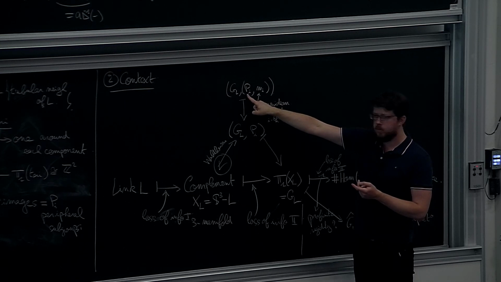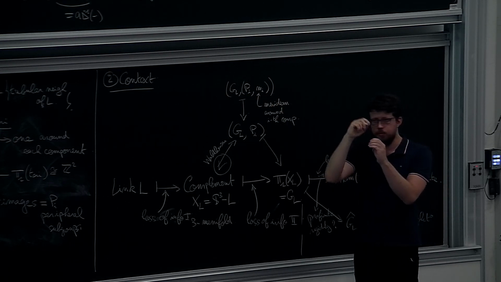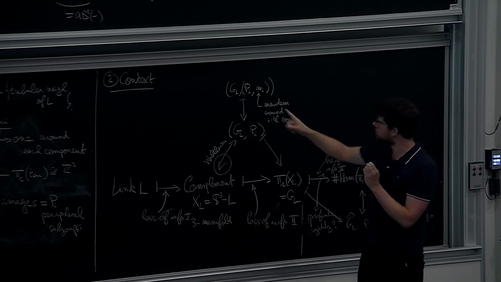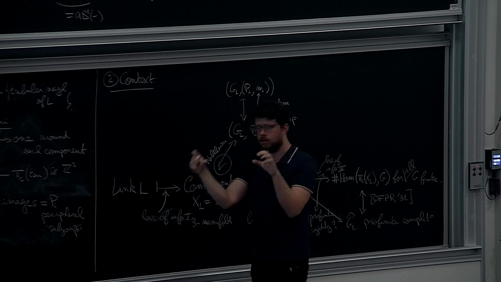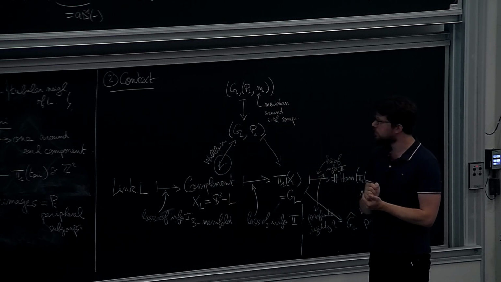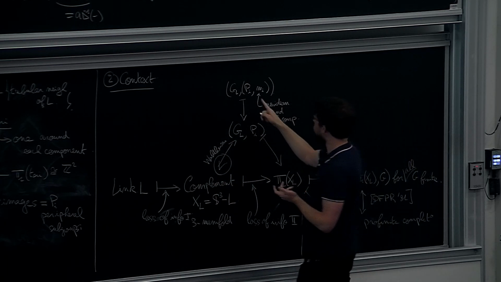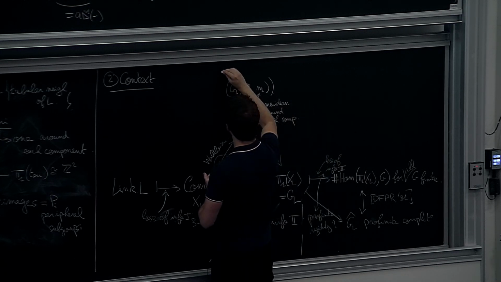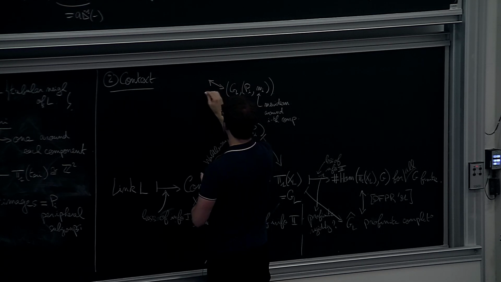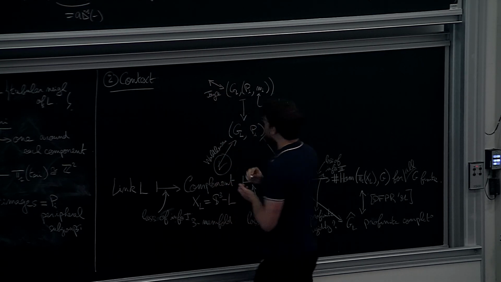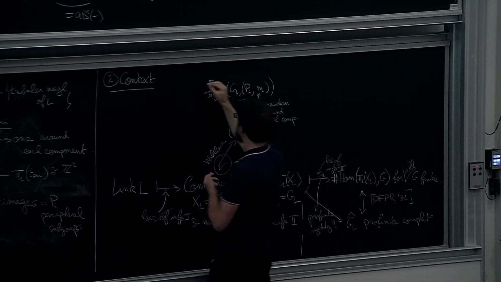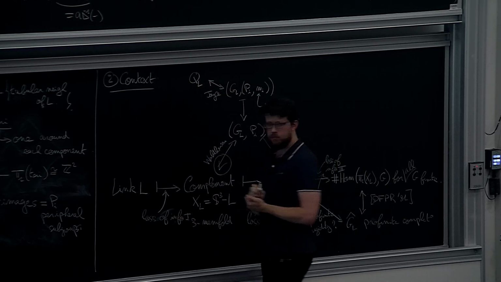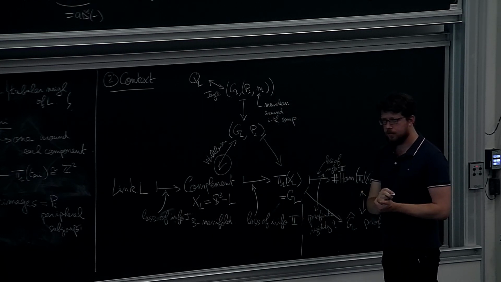It's an element in Pi because the meridian is a loop around your component, and Pi is this fundamental group of a tube around your component. So there is a little more data here, and actually the construction by Joyce or by Matveev, but I will use the one from Joyce, is saying that this can be encoded in the fundamental quandle of the link.